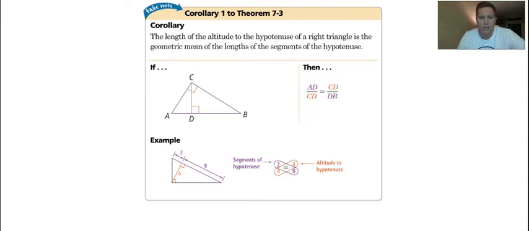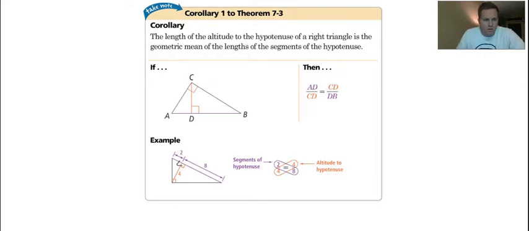So if we are looking at this picture down here, we draw an altitude right here on this bottom, and then now we have it separated into two different triangles. This is going to be 90 degrees. It might be helpful thinking, what is this triangle going to look like?